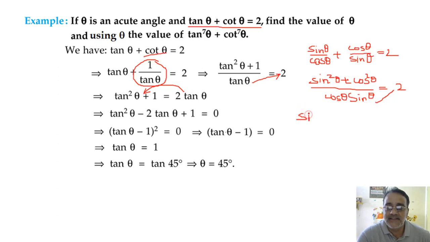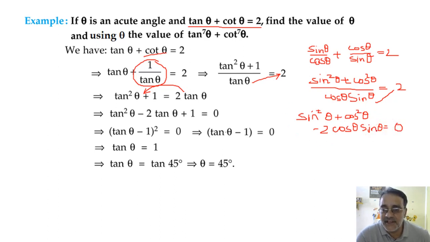So you will get sin square theta plus cos square theta is equals to 2 cos theta sin theta. You can shift it to left hand side. I am skipping one step. So you will get minus 2 cos theta sin theta is equals to 0.